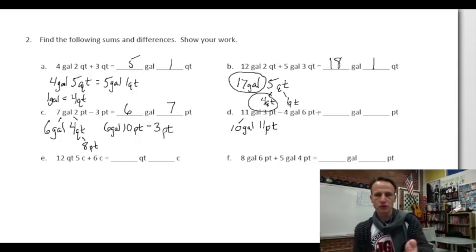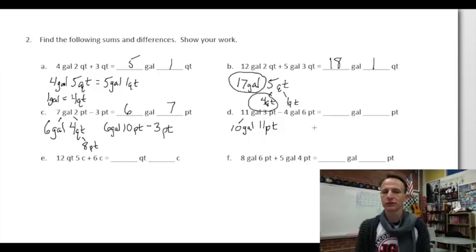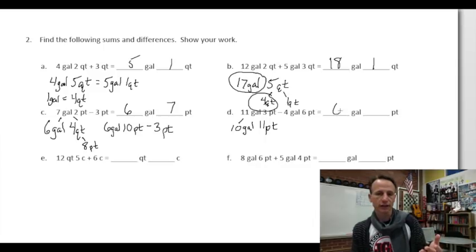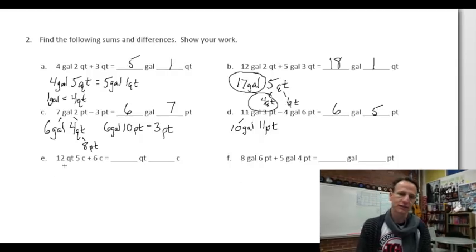And now we can subtract this. I can say 10 gallons minus 4 gallons leaves 6 gallons, and then 11 pints minus 6 pints leaves 5 pints. Very nice.